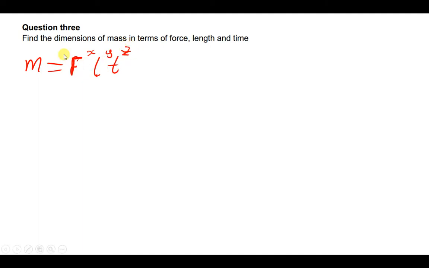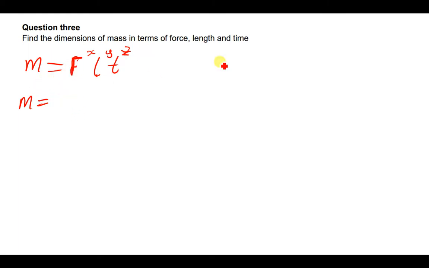So if this is the case, to find these dimensions, this is a straightforward question. So we are going to express mass in its fundamental dimensions. So how do we do that? So we're going to say m.